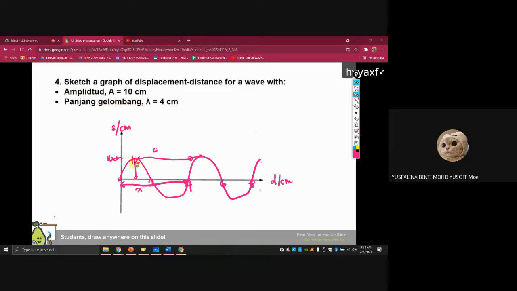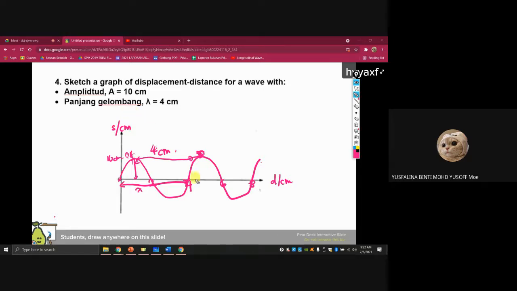So this one is 0.5 to 4.5, right? No, 5, sorry, this is 1 until 5. So you can still get the wavelength of 4 cm. That's how you draw the graph of displacement against distance.